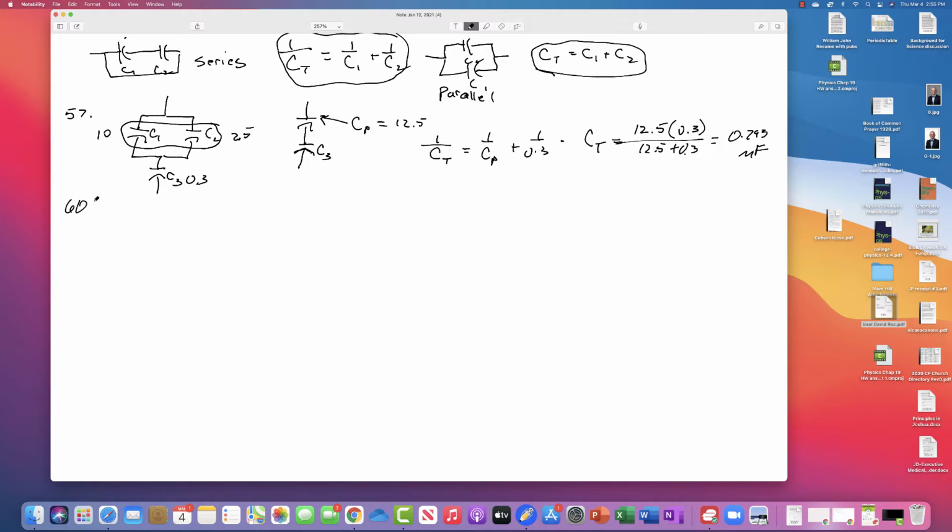60 is very similar. It's just sort of the opposite of this one. So you have one capacitor over here, and over here you have two.